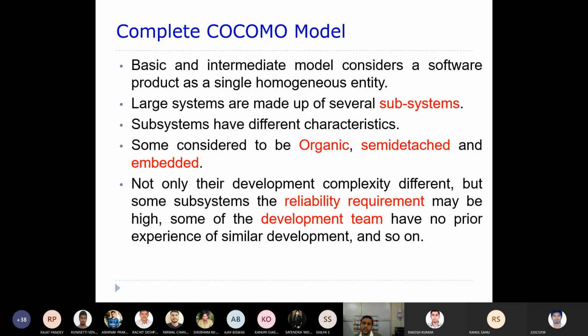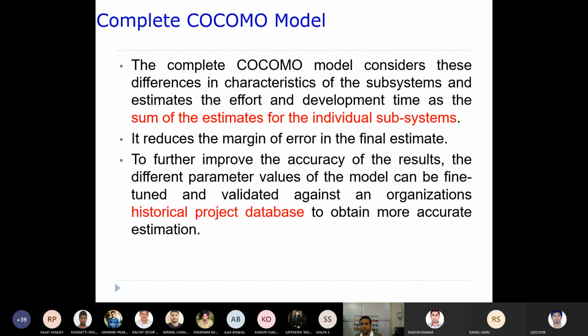So everything needs to be taken into account when you estimate using these models.